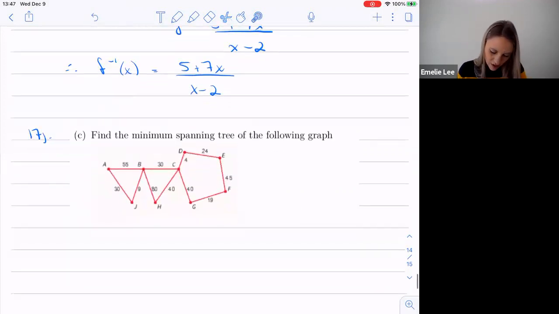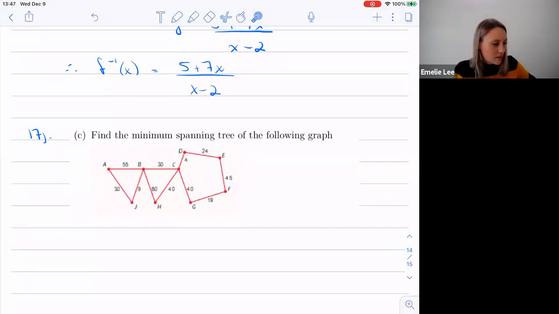you would need to copy out this tree, and then I would probably just circle them and kind of number your circles. There's not really work that you can show, right? But because that's what we do for the minimum spanning trees, right?